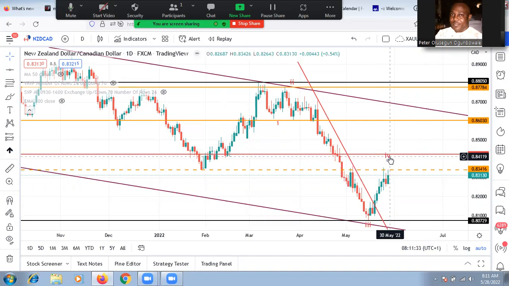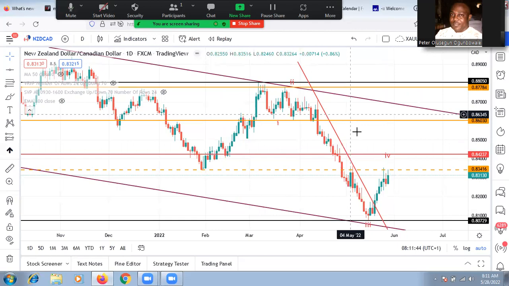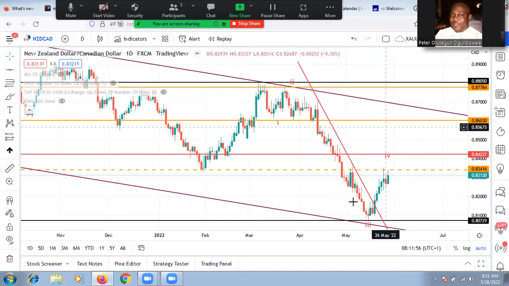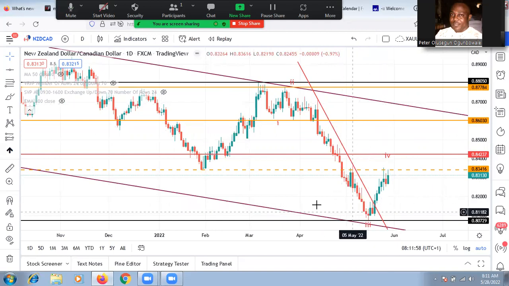But if it goes beyond a 50, that may suggest another leg higher, which is probably a change of trend. And if the price wants to respect this structure of a channel and move further up, because it's at the base of the channel at the moment.